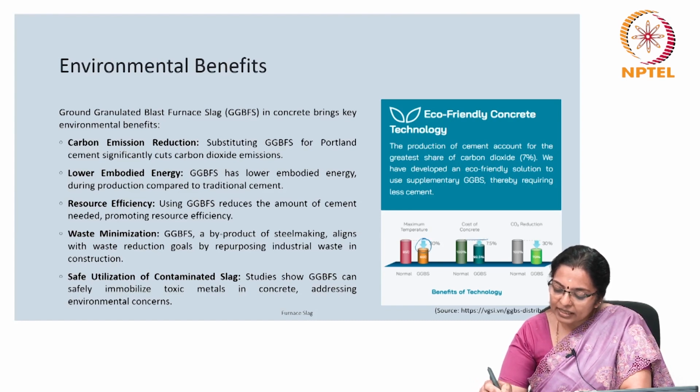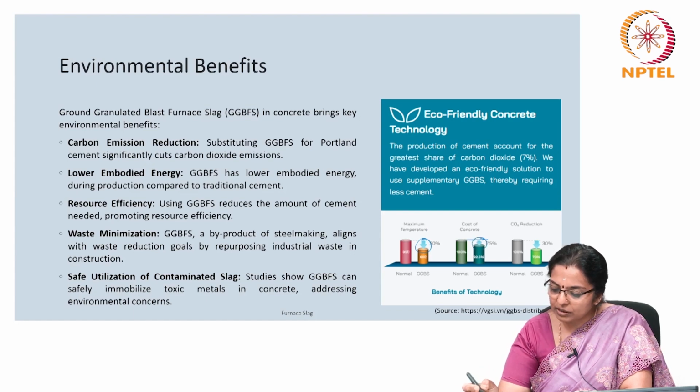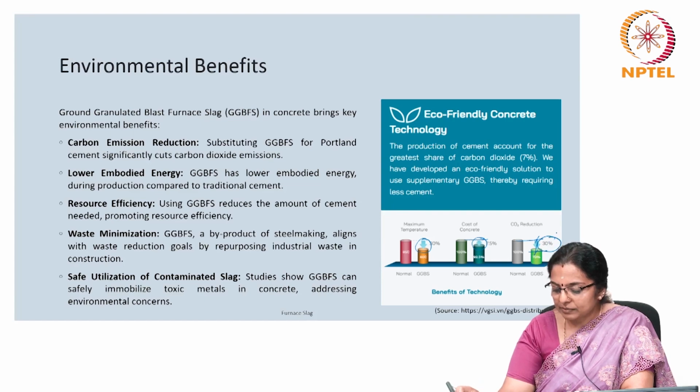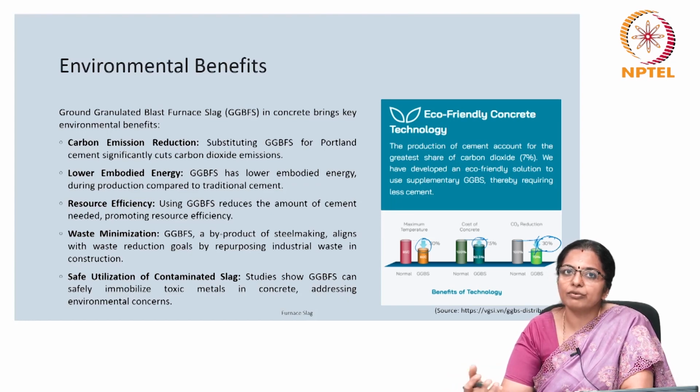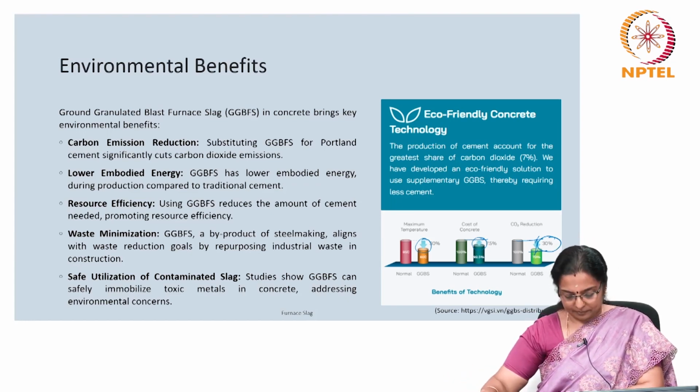There is a reduction of 7.5% in terms of cost, and most important is 30% reduction in carbon dioxide emissions. Thus, using this ground granulated blast furnace slag in concrete gives us very high returns in terms of environmental benefits.